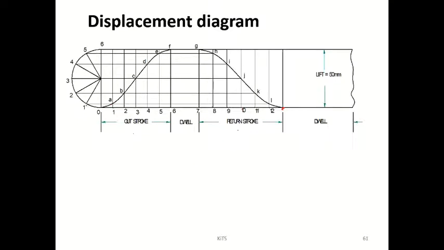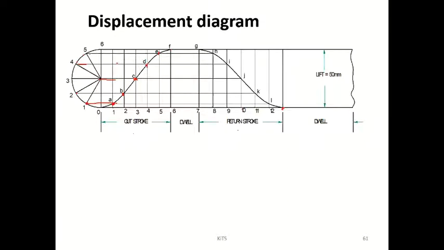Now from point 1, you just draw a horizontal line, and 1 meeting with 1, mark this point. 2 meeting with 2, mark this point. 3 meeting with 3, mark this point. 4 meeting with 4, 5 with 5, 6 with 6.